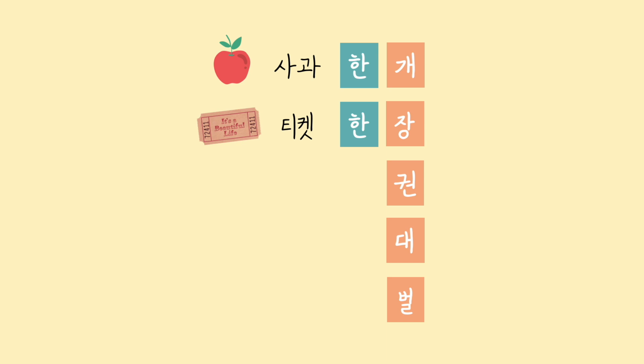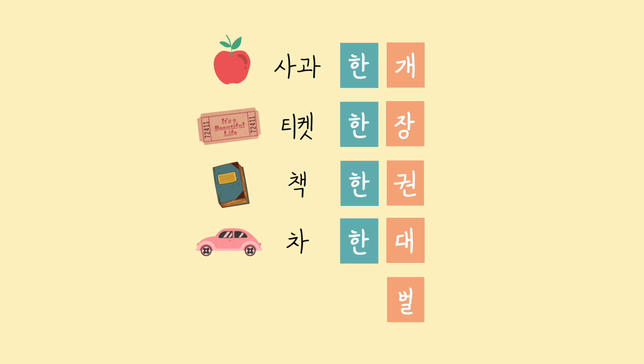For example, 사과 한 개, 티켓 한 장, 책 한 권, 차 한 대, 바지 한 벌.